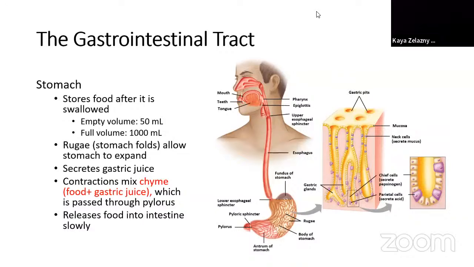That's how you pronounce that word. And so chyme is this liquidy mixture of our food and our enzymes and our acid, which is then going to pass through the pylorus and into the rest of the GI tract. This is also going to happen slowly, at a consistent rate, because the pylorus leads into another sphincter, the pyloric sphincter.